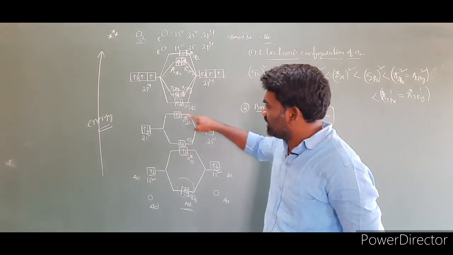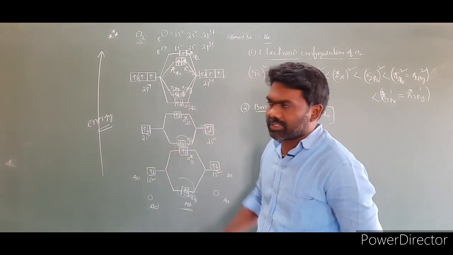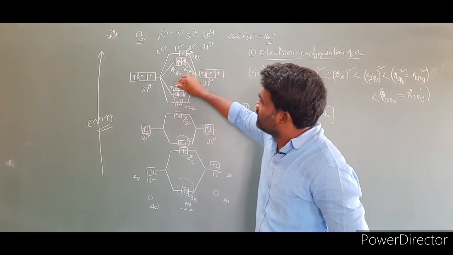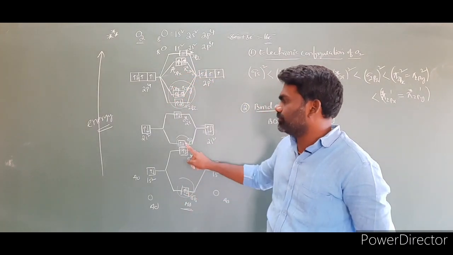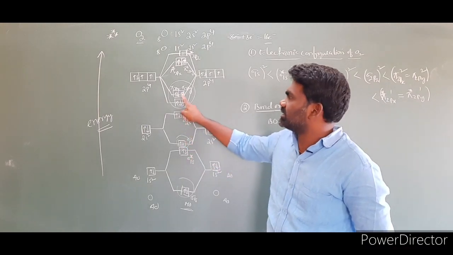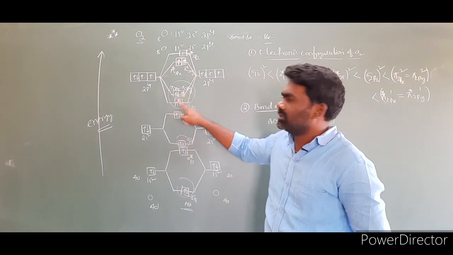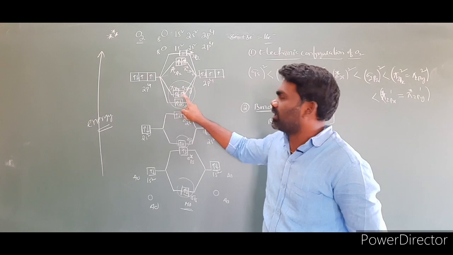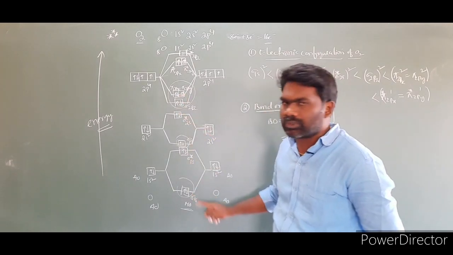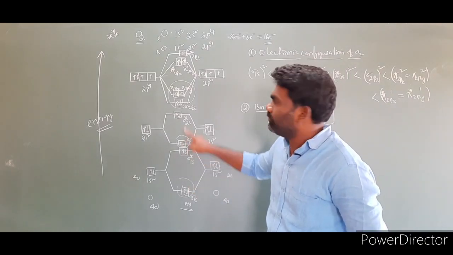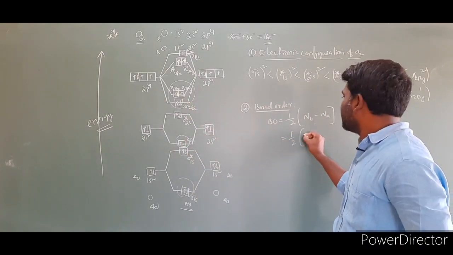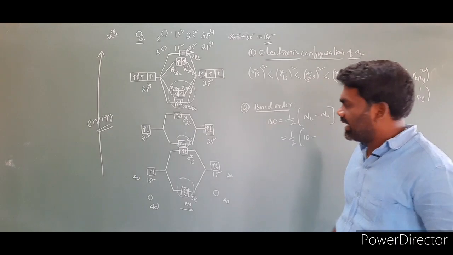Of these two, the bottom one is the bonding. The total number of electrons: 2 plus 2, 4. 4 plus this, how many is there? 6 is here. So 6 plus 2 plus 2, total 10.